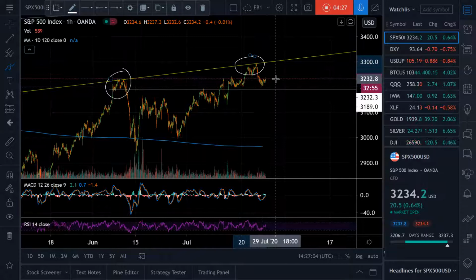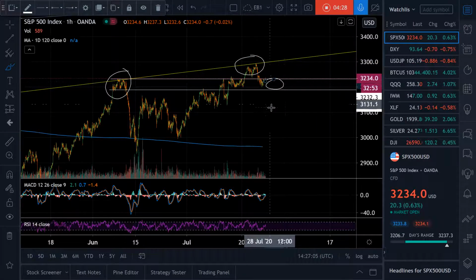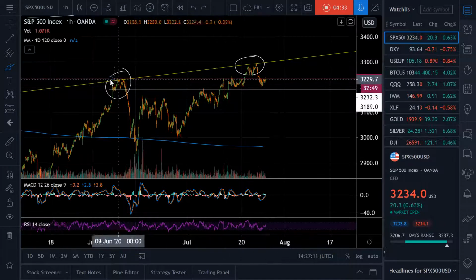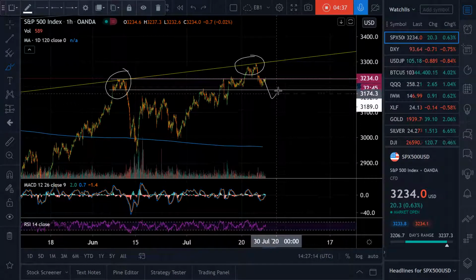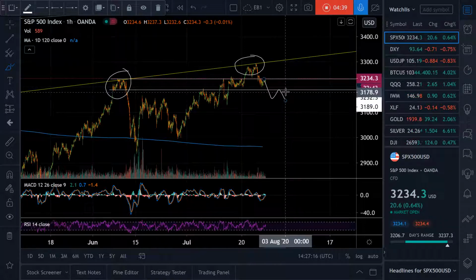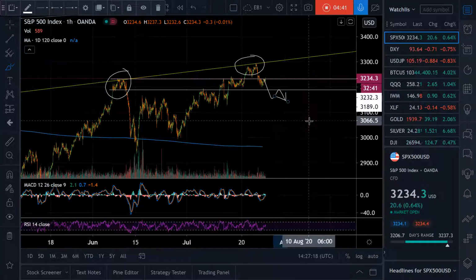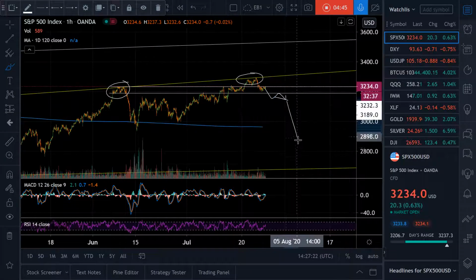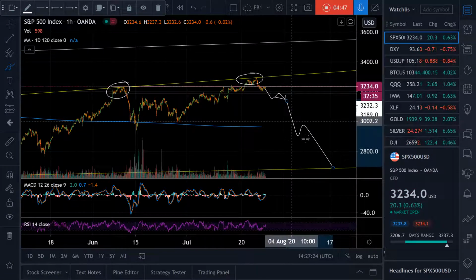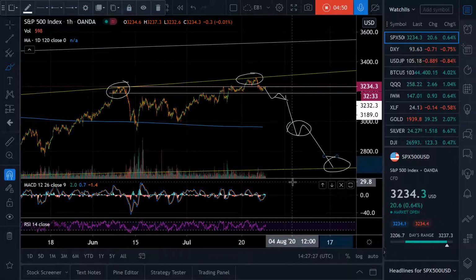But here we have this kind of zone we're in. We did reject off of the line, and we're down in this island top zone. So for a bearish setup, as soon as it breaks down here and gets resistance, this could be a setup for bearish moves that could go here or here in a hurry.